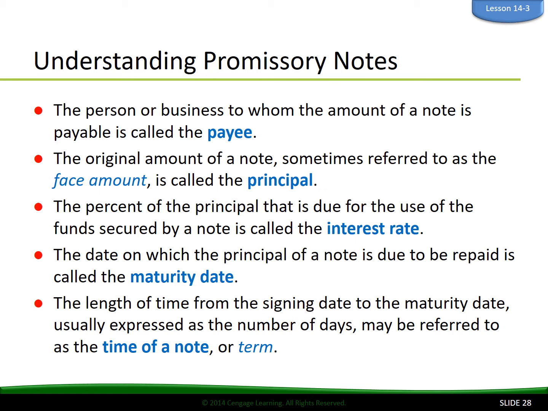Interest rate is the percent of the principal that is due for the use of the funds secured by a note. Maturity date is the date on which the principal of a note is due to be repaid. Time of a note, aka term, is the length of time from the signing date to the maturity date, and is usually discussed in days.